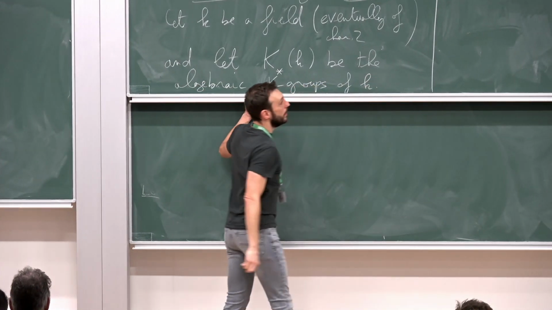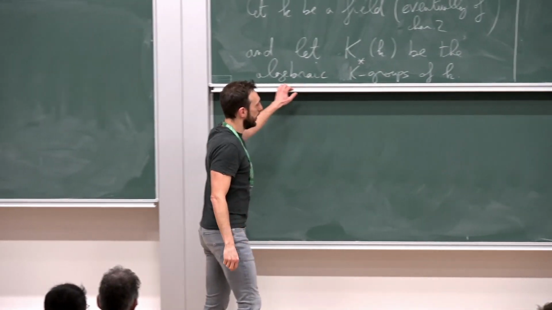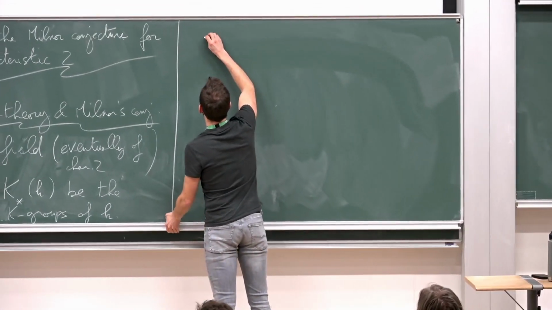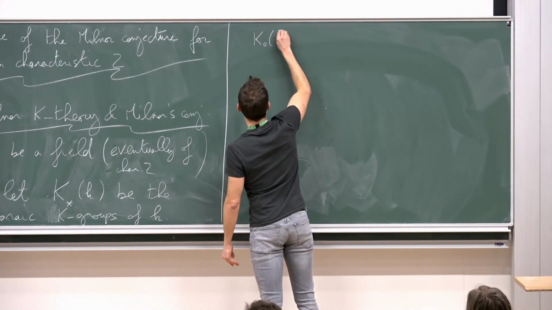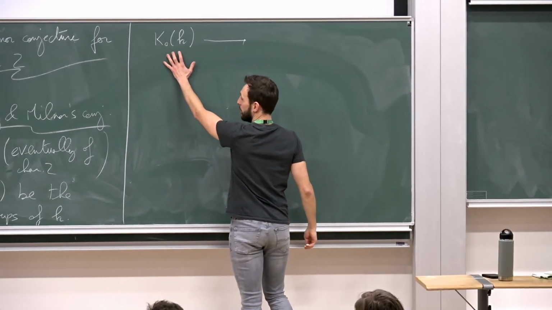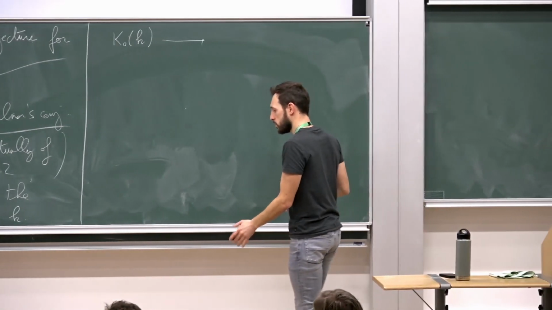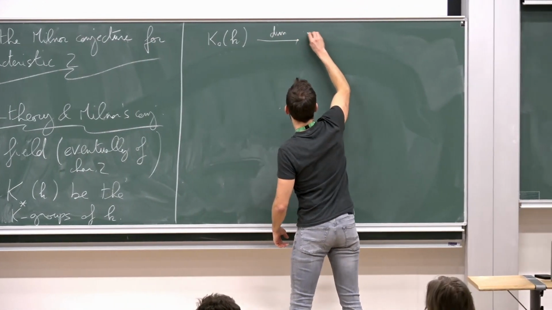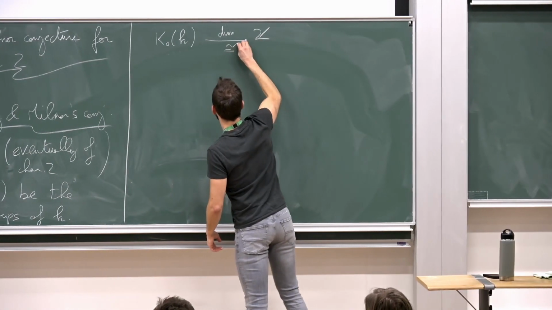Okay, and let's start computing them. We can take K naught. These are just finite dimensional vector spaces, modulo isomorphism and group completed, and these are characterized by the dimension.